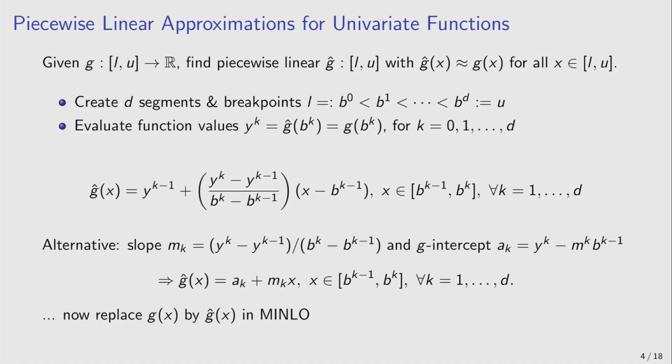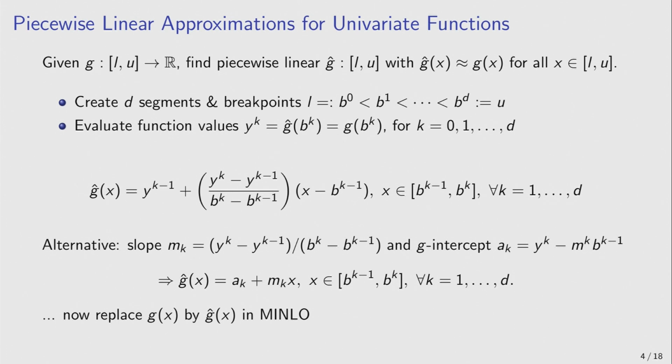And then it's really, this is probably about 10th or 11th grade calculus, where you see that you can build this linear approximation. So x are the variables. If x is in the kth breakpoint interval, then you build this approximation. And you can just quickly check that that's correct.